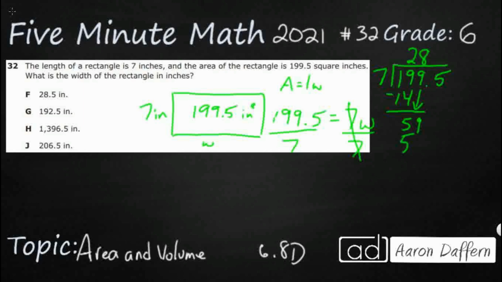That's 56. 3. Now we do have that decimal. Let's go ahead and put that up there in the bar, but beyond that we're going to ignore it. 7 goes into 35 a perfect 5 times, and we don't have to extend our decimal, no remainders, nothing like that. So we got 28.5, and take a look. We've got F right there.